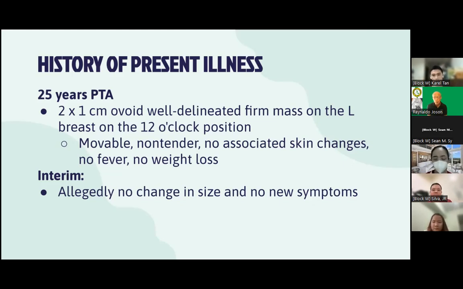But based on your study, how often does a benign lesion transform into a malignancy? Sir, actually, since it was described as movable non-penetrating, I'm assuming na it's a solid tumor, and for a benign solid tumor of the breast, it's very, very rare for it to transform into a malignant tumor.